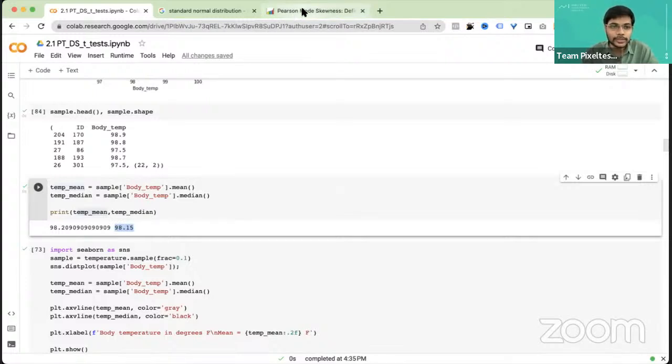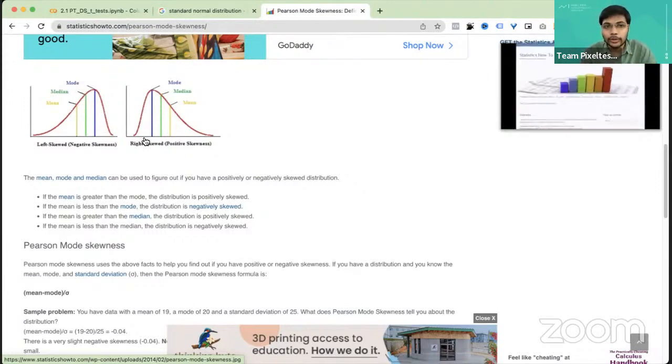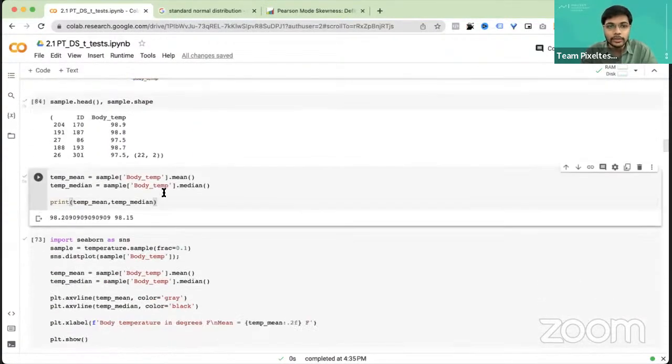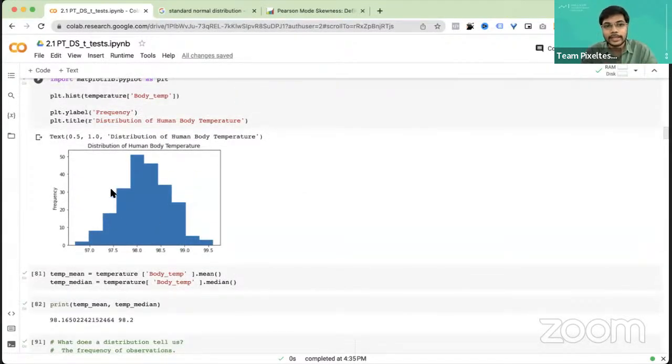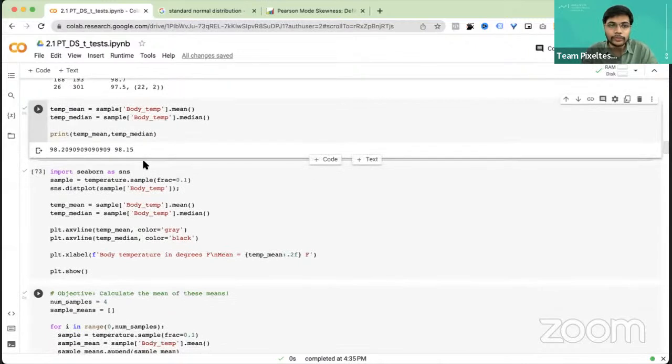So if we come to skewness, when the mean is higher than the median, it is a little positively skewed, right? This sample that we have taken has more temperatures on this side of the graph than this side of the graph. That is what this means, right? So now we have taken our sample, and we have understood that this is a little positively skewed, right? So the whole data set is left skewed, but this sample is positively skewed, right? So now we understand that.